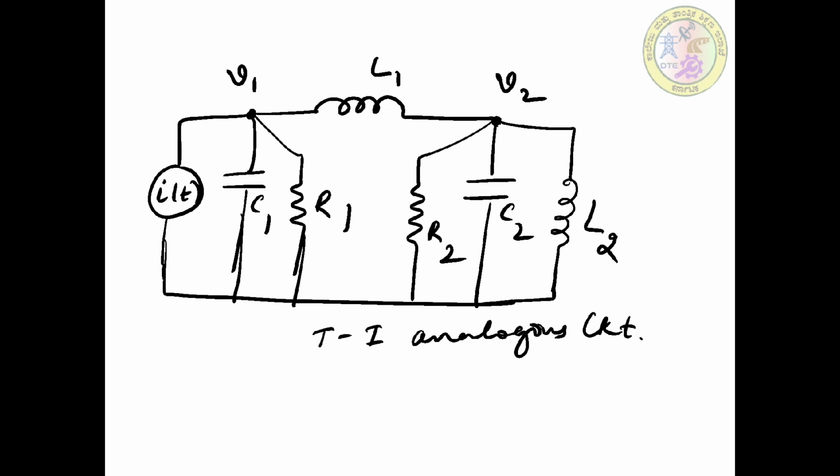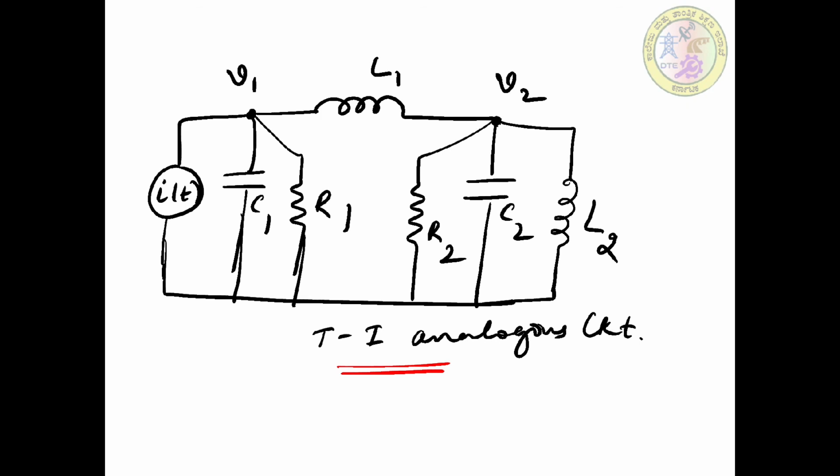Similarly the moments of inertia J1, J2 are now C1, C2 in the circuit, and B1, B2 have become resistors R1 and R2 in the equivalent circuit diagram. This is how we obtain torque current analogous circuits.